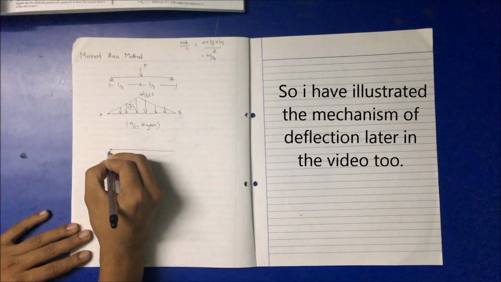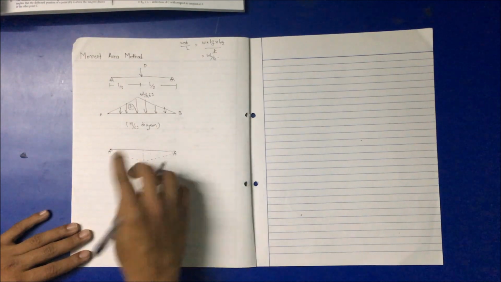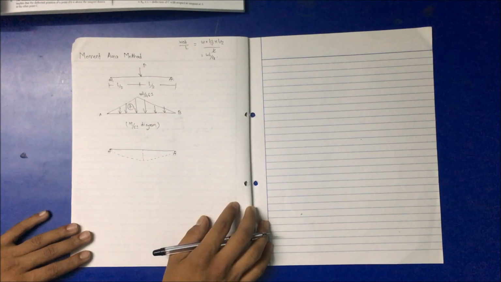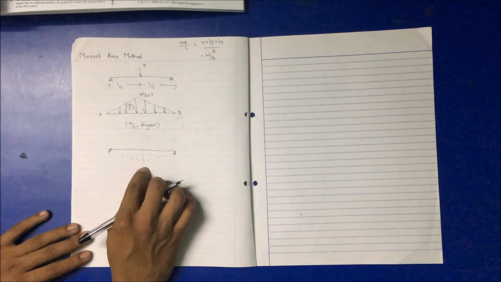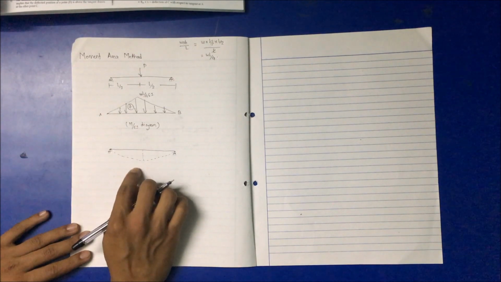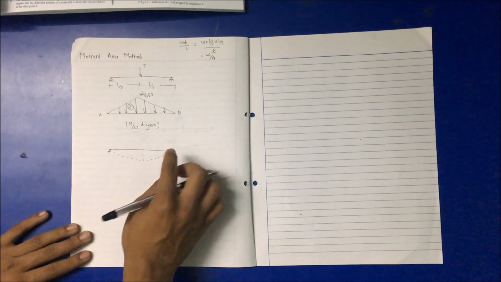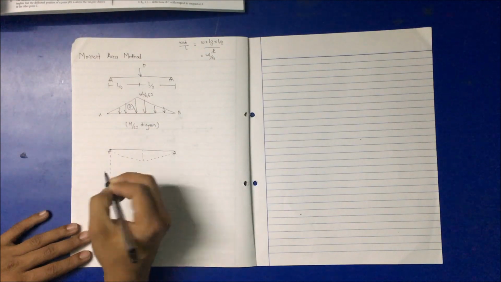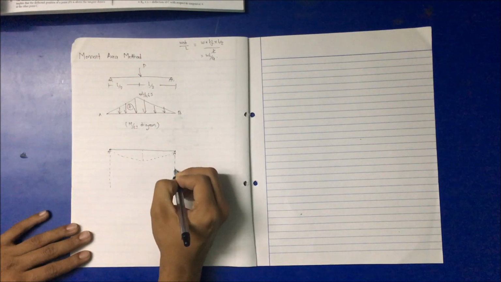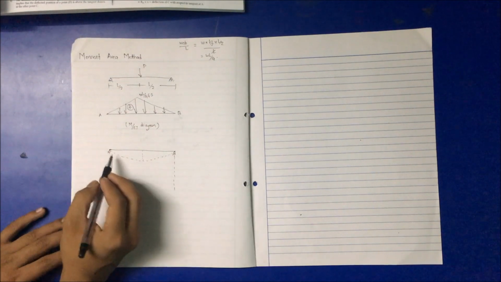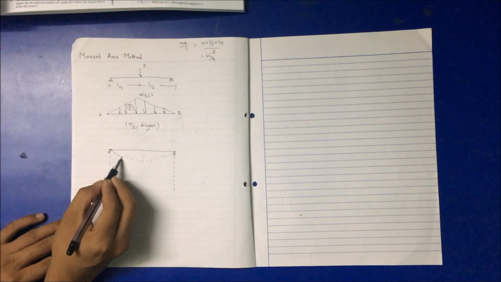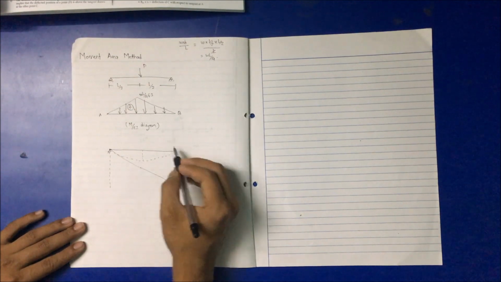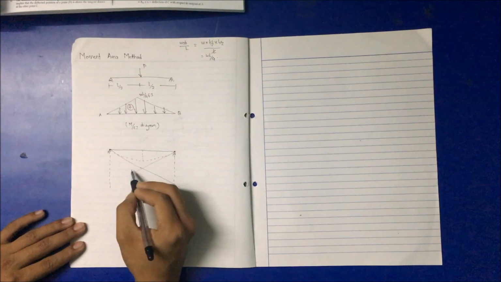So this is the deflected shape of the beam. Now from this we will determine the slope and deflection using the M by EI diagram. Now extend vertically downward from the two supports and extrapolate, or draw the tangent, from the origin of the deflected shape.